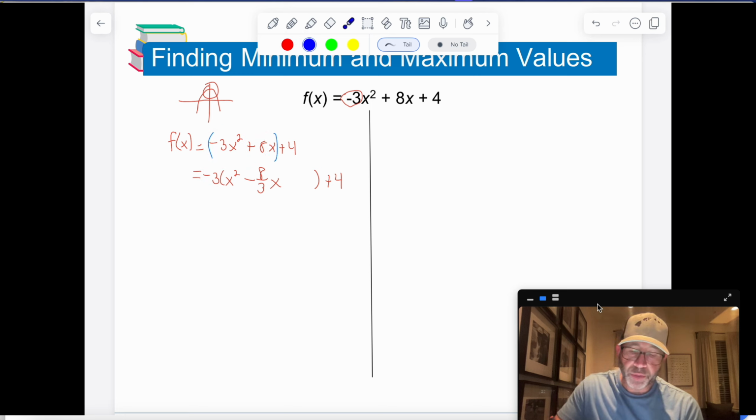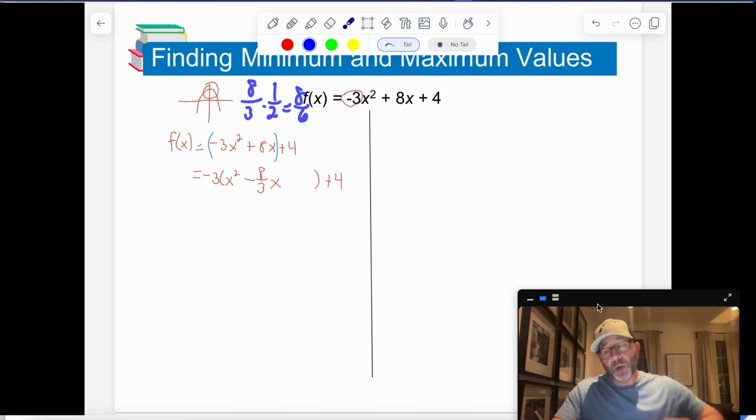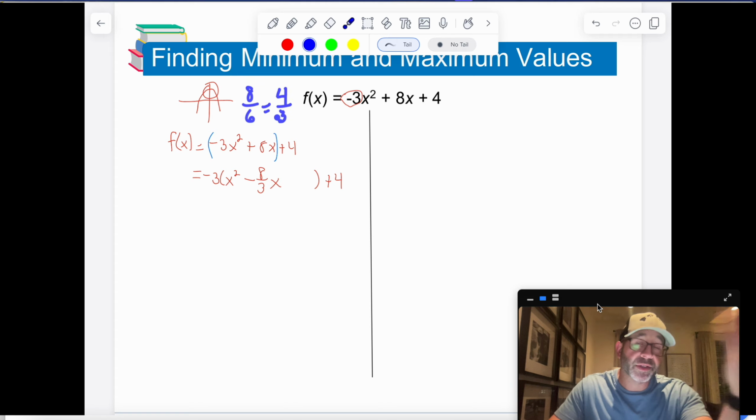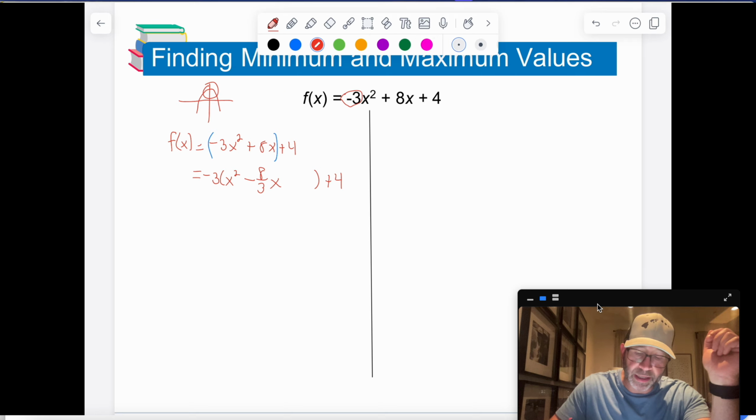Okay, let's complete the square. Half of 8 is just 8 over 2. I'm sorry, no, back up. Half of 8 over 3 is 8 over 3 times 1 over 2. So that's just 8 over 6, right? Well, 8 over 6 is going to reduce to 4 over 3. And if I take this and I square it, I'm really going to be adding in a 16 over 9.